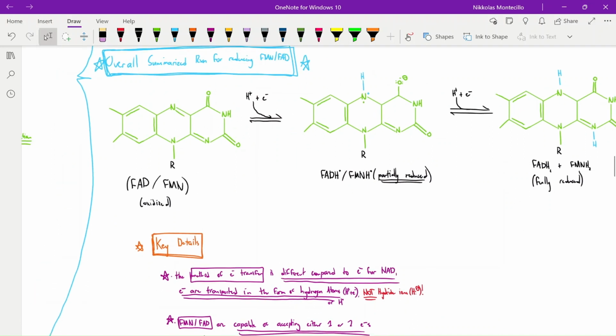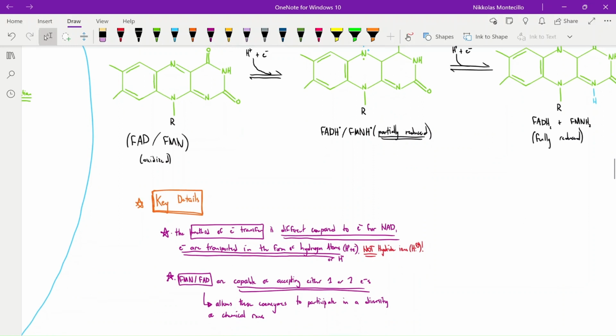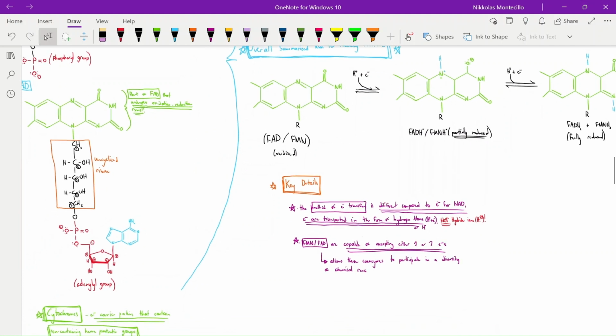The method of electron transfer is different compared to NAD: electrons are transported in the form of hydrogen atoms, not hydride ions. FMN and FAD are capable of accepting either one or two electrons, and this allows the coenzymes to participate in a diversity of chemical reactions, right?